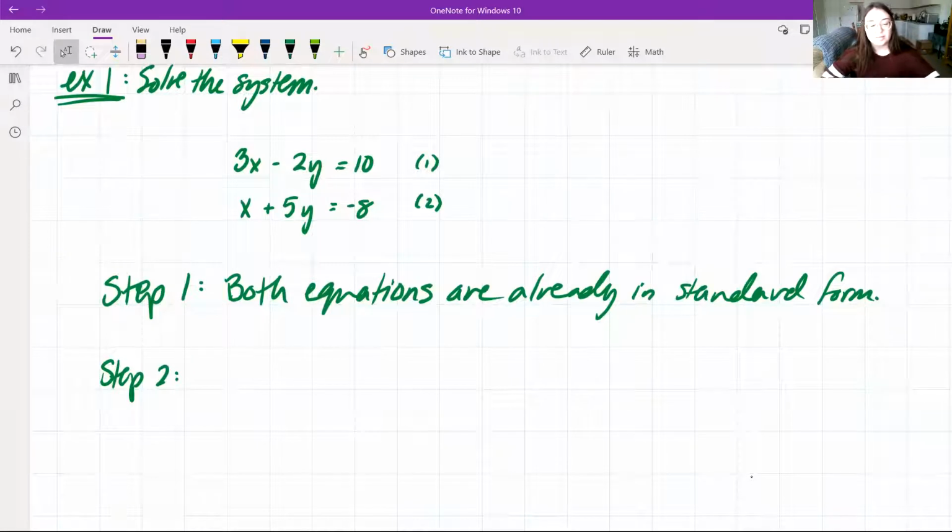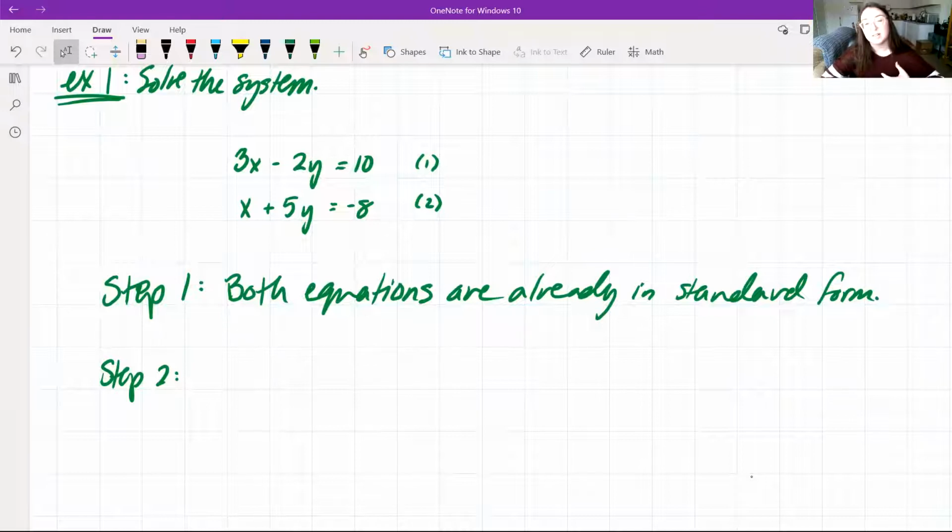So what we're really seeing here is that our coefficients in front of y are negative 2 and 5. This would mean that in order to have opposites, we would need to multiply some value to both equations. So for example, we would need to multiply equation 1 by 5, and we would need to multiply equation 2 by 2. So we're multiplying twice. It's not ideal. We want to just multiply once. But we see that in our first equation we have 3x, and our second equation we just have x.